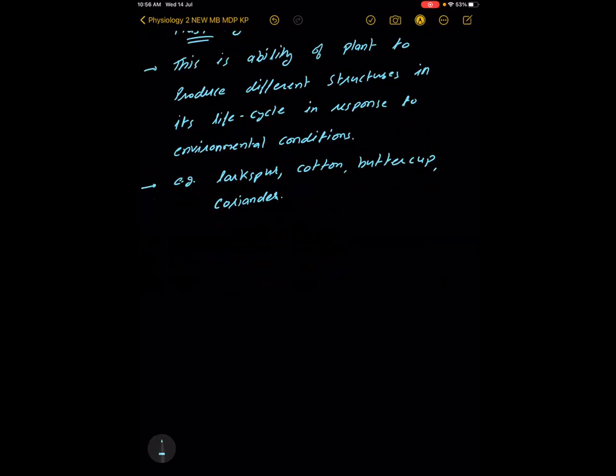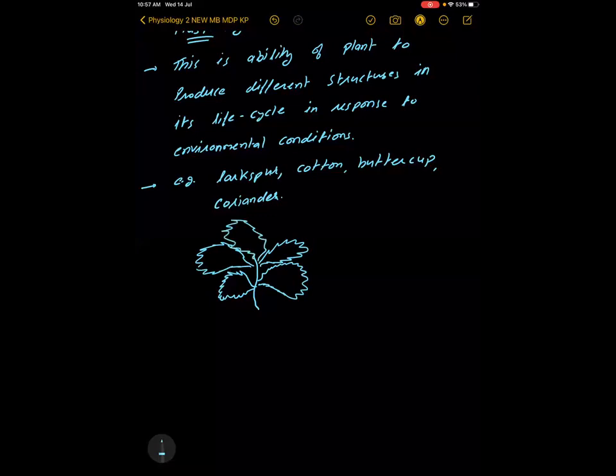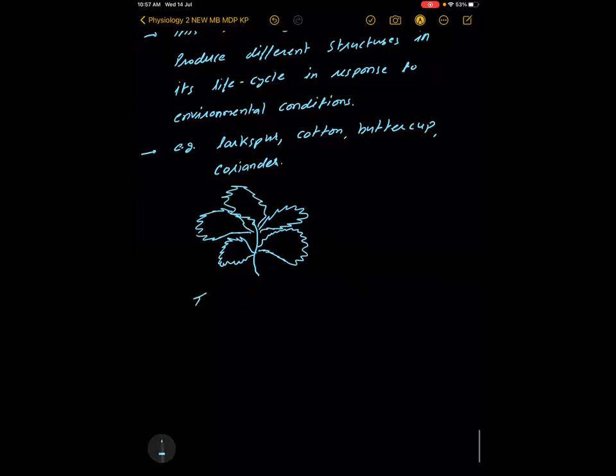See, this is the example of buttercup. In buttercup you will see broad leaves like this in terrestrial habitat.